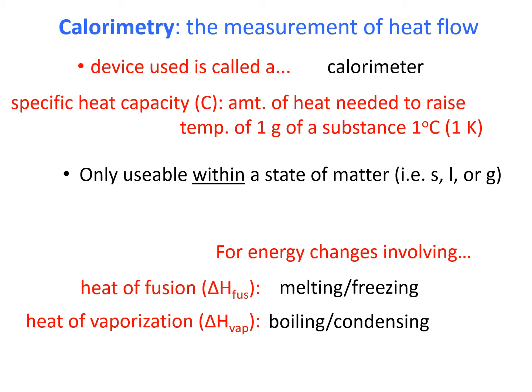When you're freezing, the enthalpy will be negative because that's exothermic. The heat of vaporization, when you're boiling, it's positive because you're putting heat in, or if you're condensing, you're taking heat out, and that's going to be negative enthalpy.